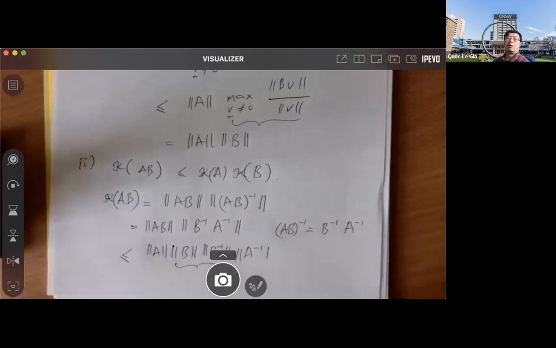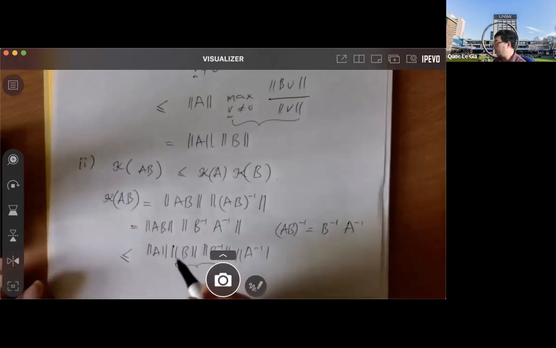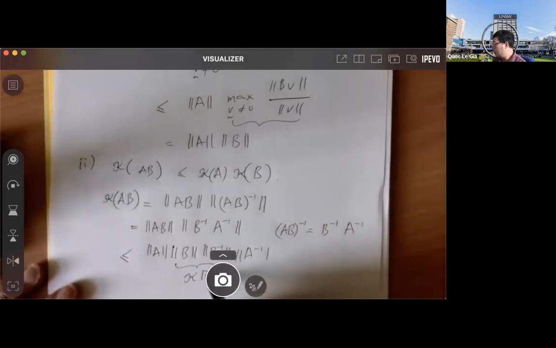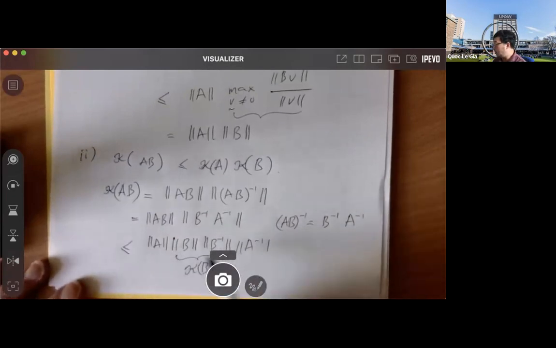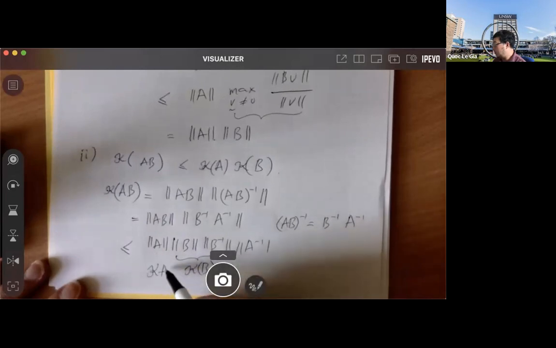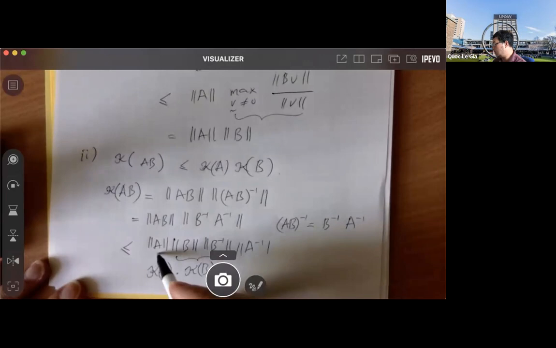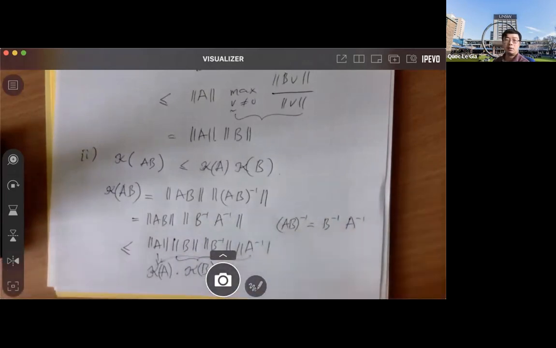B times B inverse is the identity, but the norm product is the condition number of B. Yes, so this is just the condition number of B. And then the norm of A times the norm of A inverse gives you the condition number of A. So that is how you prove the inequality.